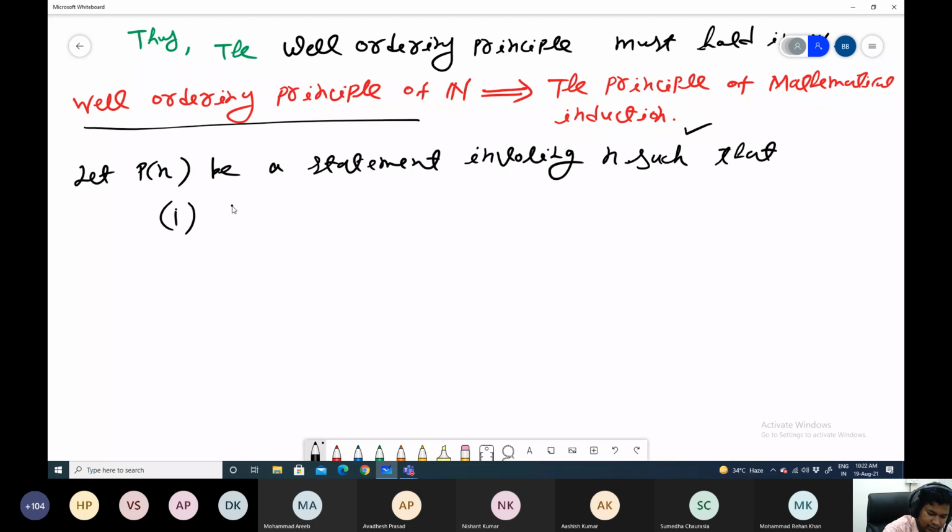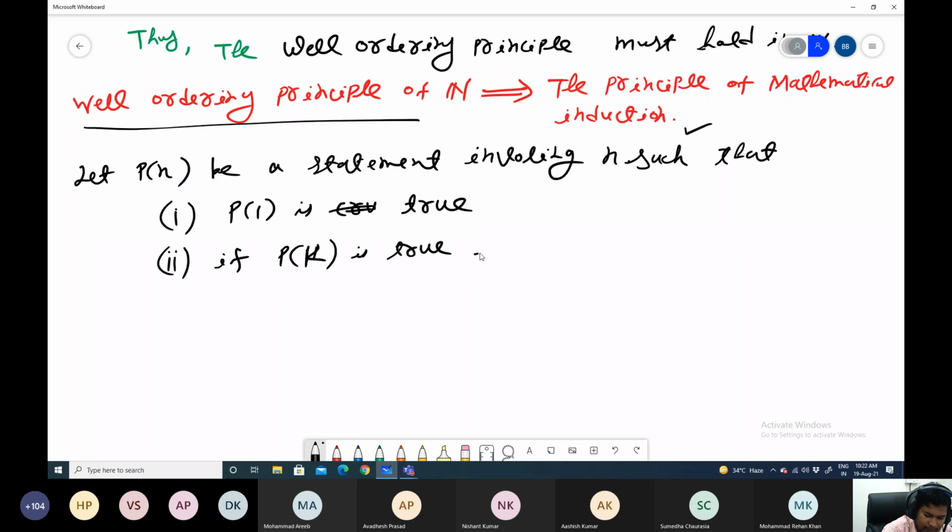First of all, P1 is true, and this is if Pk is true, then Pk plus 1 is true for all k.